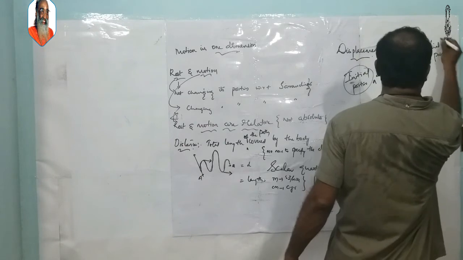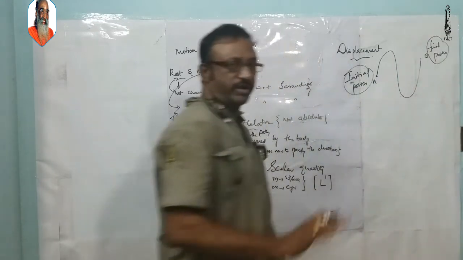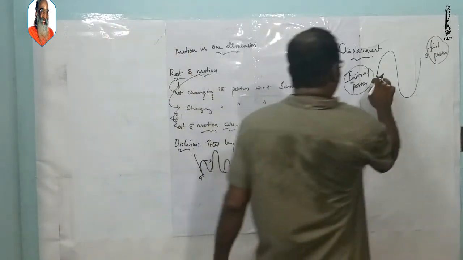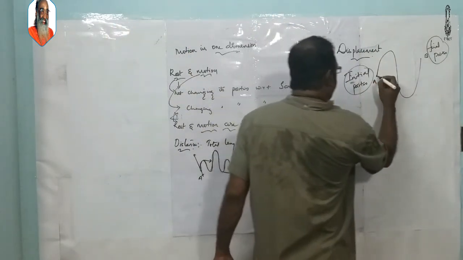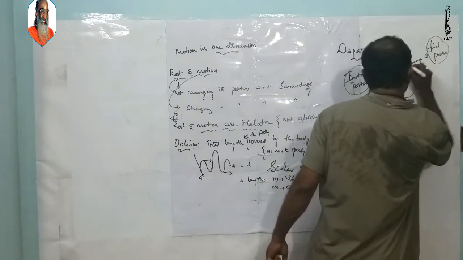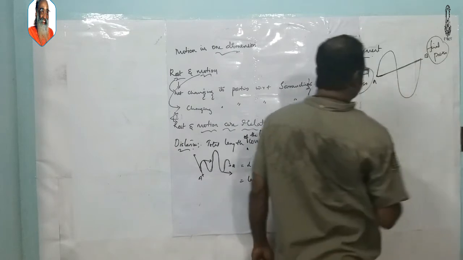This is enough. No need to bother or worry where the body is roaming and where it is moving. So from initial to final, a straight line path. Draw a straight line between them.